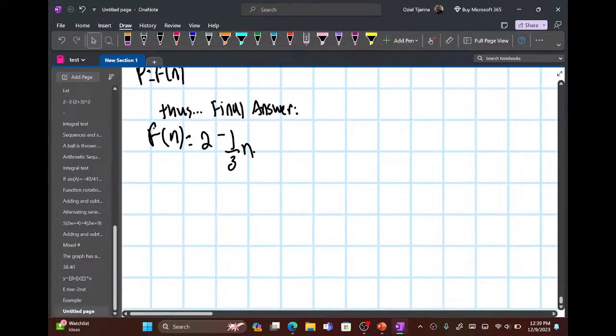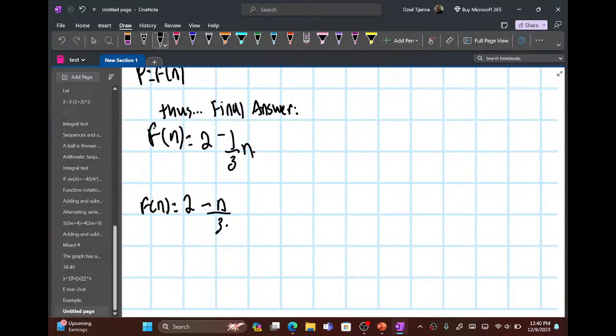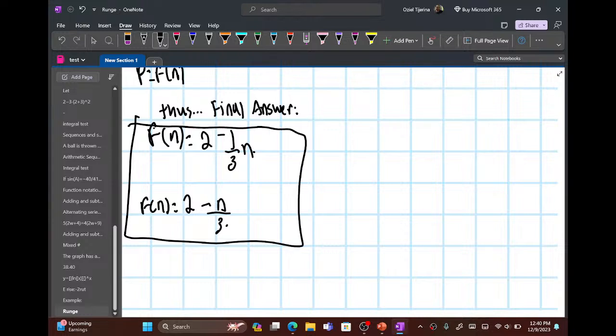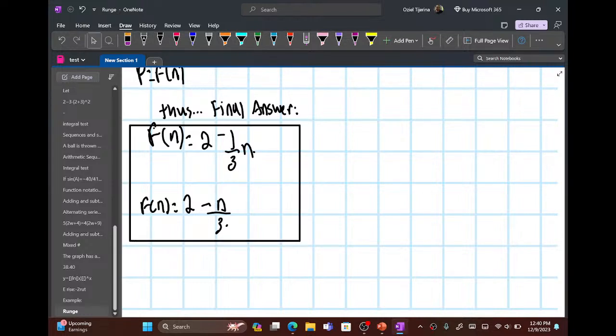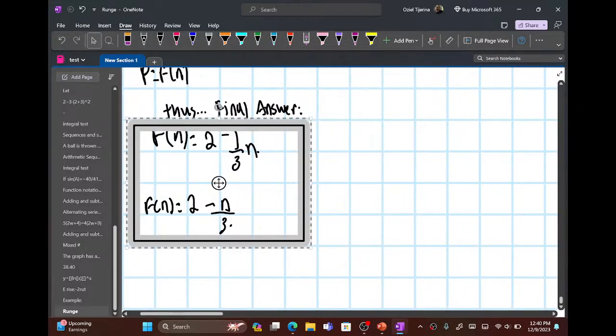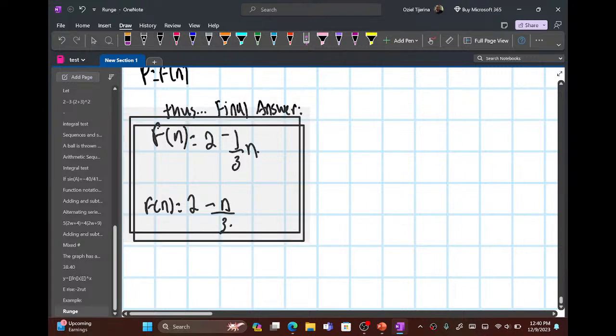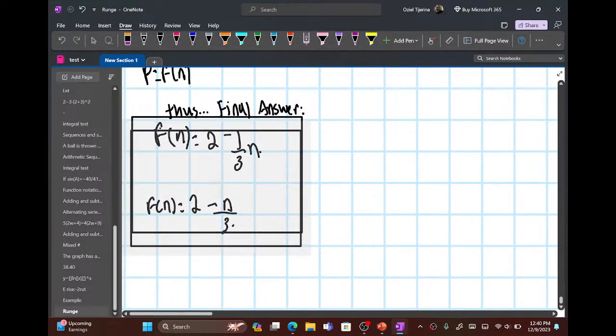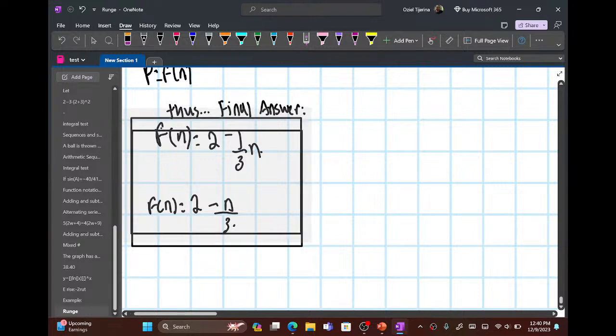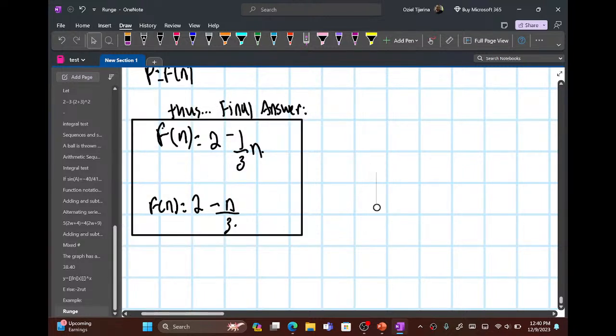You can also say f of n is 2 minus n over 3. It doesn't matter. Either works, whichever one you want to do. If you like the first one better, do the first one. If you like the second one better, do the second one. But try not to put both, because I don't want to push anybody to do both. Just do whichever one makes more sense to you. Okay.